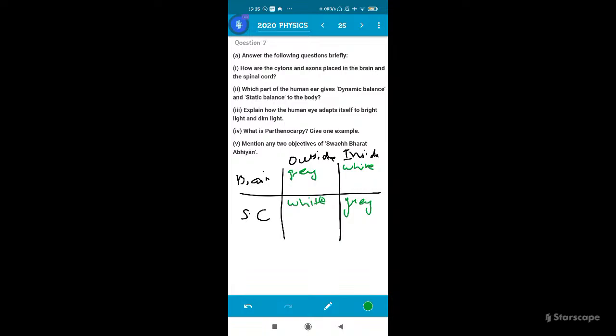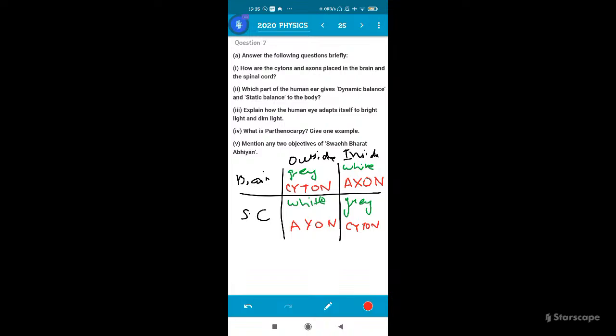Gray matter is made up of the cyton or the cell body. Okay, so the cyton is present outside, but inside the axon is present. But in case of the spinal cord, since it is opposite, the axons are present outside and the cytons are present inside. Okay, so this is the difference in the arrangement of cytons and axons in brain and spinal cord.